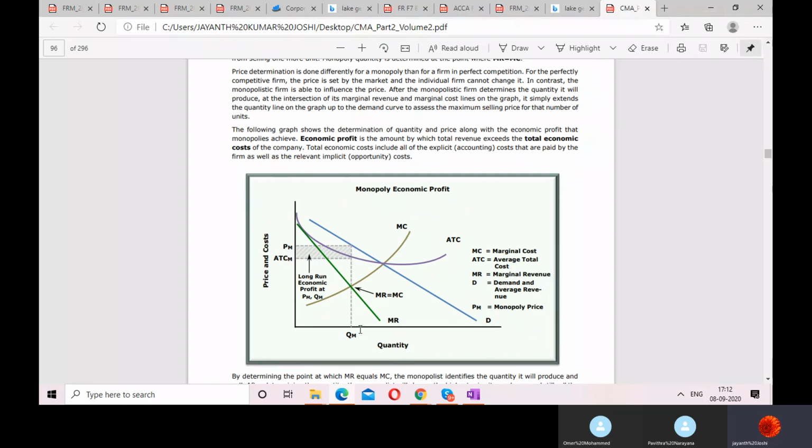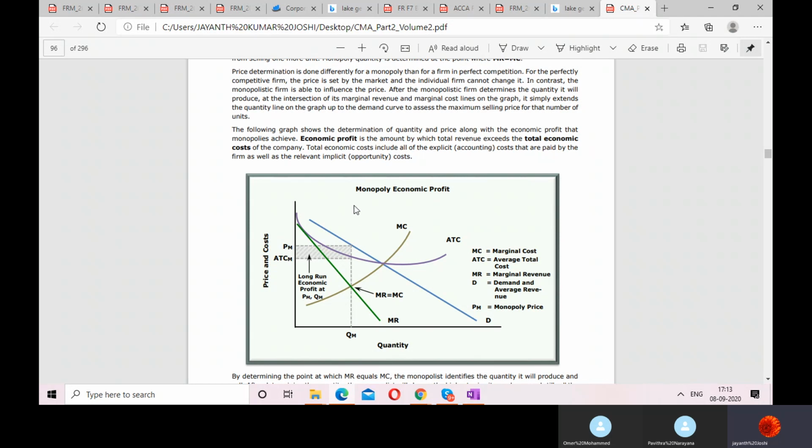Why does he make profit? Because he has achieved the break even here, and now he is going towards the profit zone, and his average total cost is the least at this point. So where the average total cost is the least, above that it is profit.